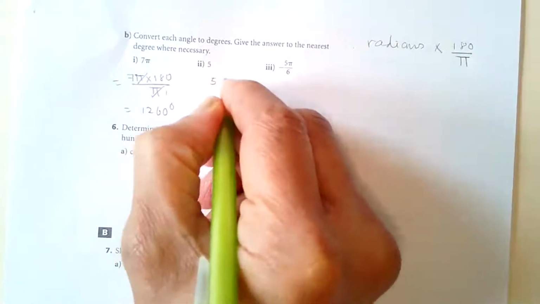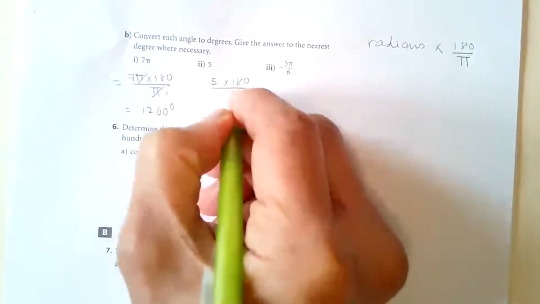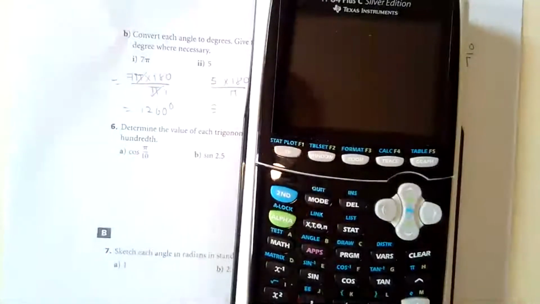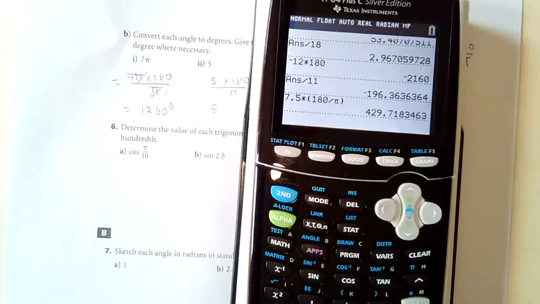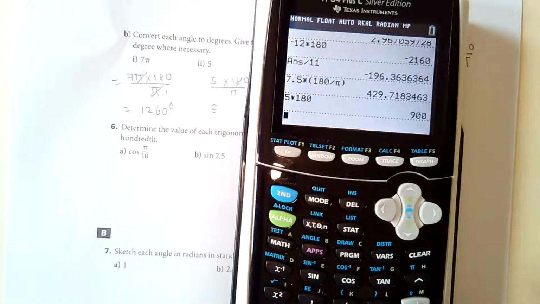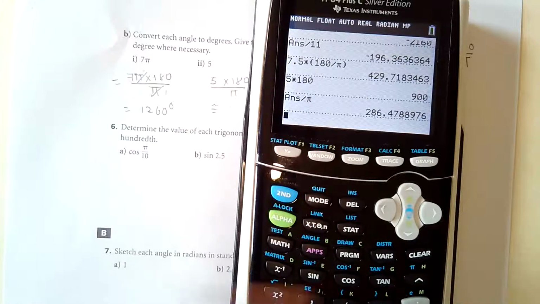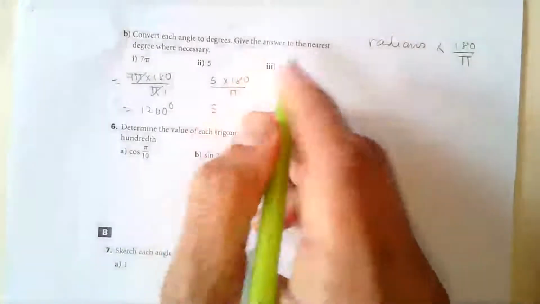You have 5 multiplied by 180 over pi, which works out to be approximately, now what would that be? 5 times 180 divided by pi gives me 286 degrees approximately, to the nearest degree.